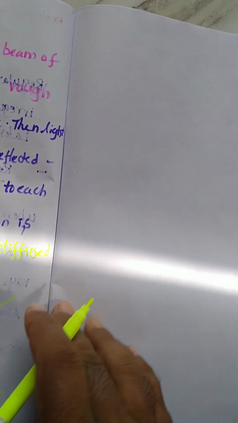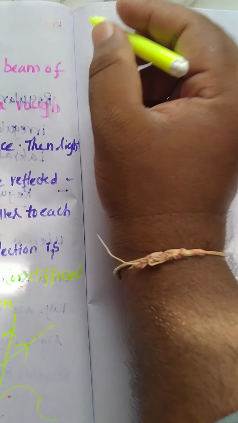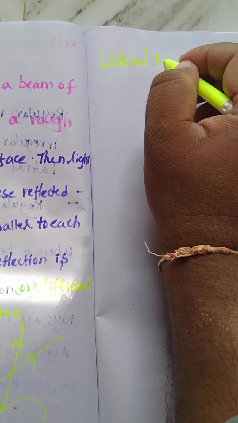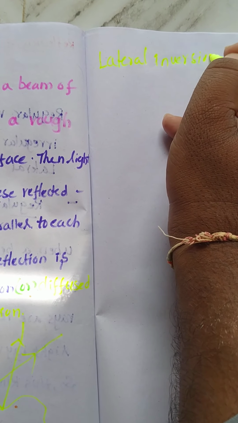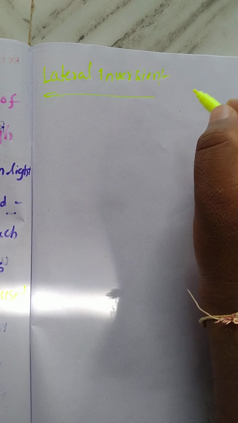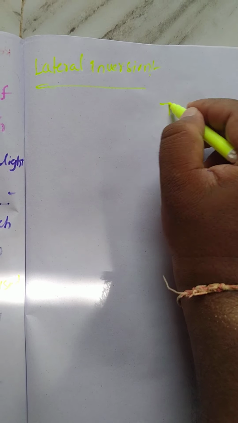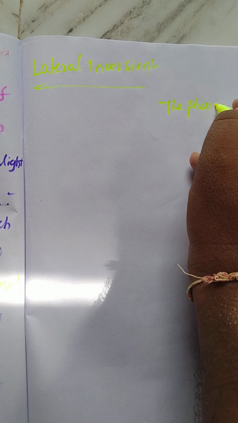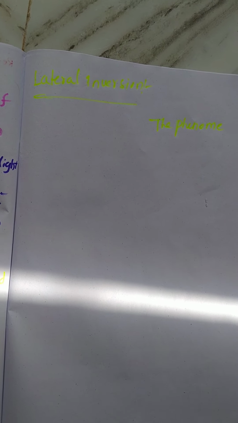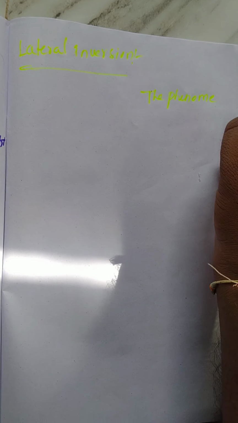And the last concept I am going to discuss today is lateral inversion. Whenever in a plane mirror you raise your right hand, but when we see our image in the mirror, it seems to be the left hand. This is due to lateral inversion only.